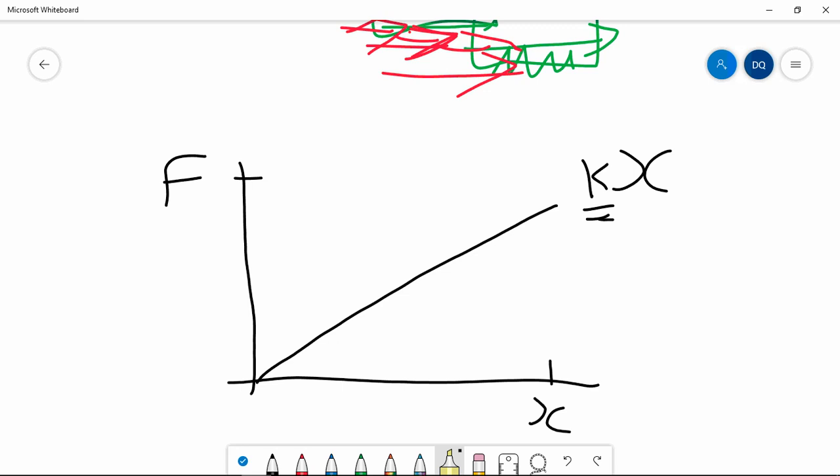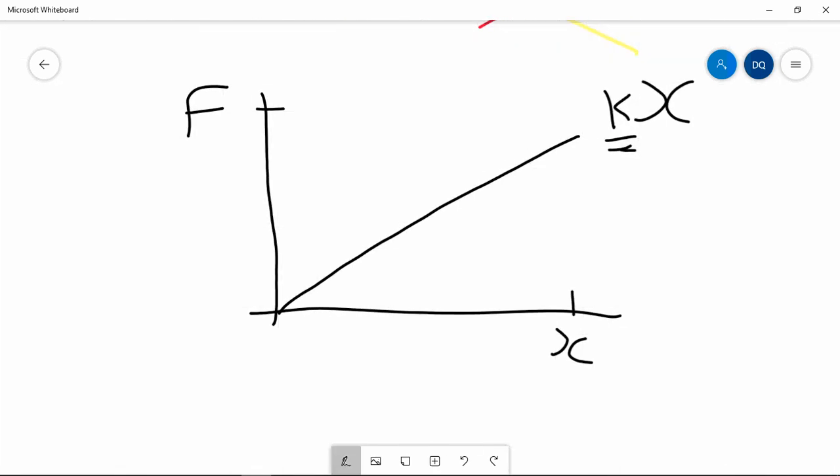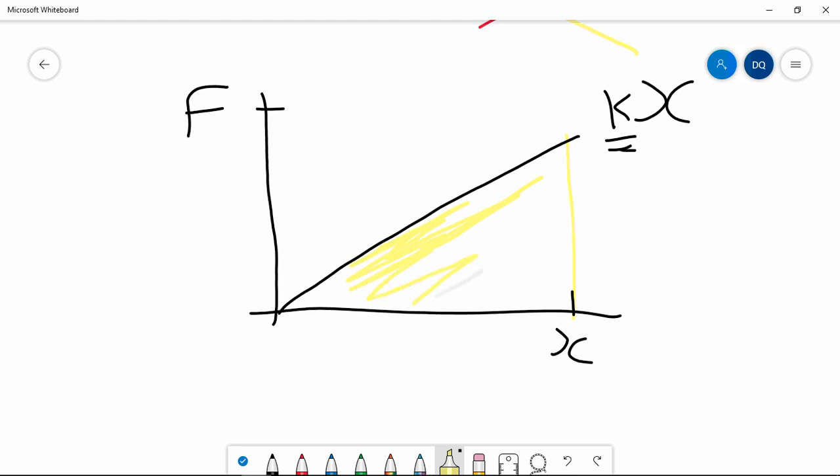Okay. So how much work does it take to compress the spring by a distance x? Well, the idea here is you add these rectangles up. They're the products of the little force times the little distance, the next little force times the next little distance, and so on. So what that amounts to is the area under here. The area under that curve is equal to the work that it takes to compress a spring.